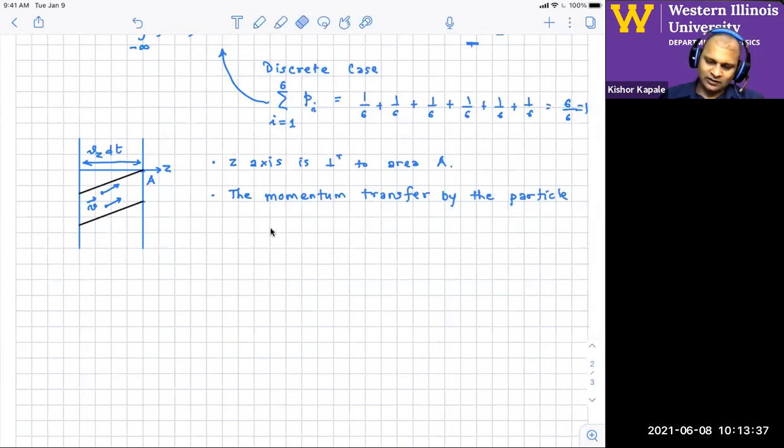Let's do it this way. To the wall. Any thoughts? How much momentum is going to be transferred to the wall?